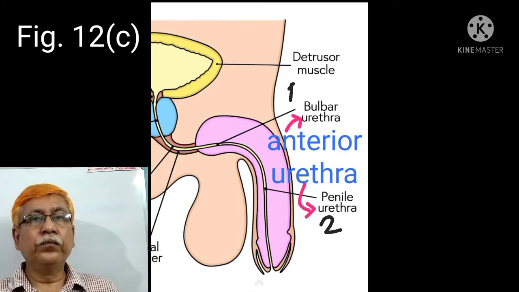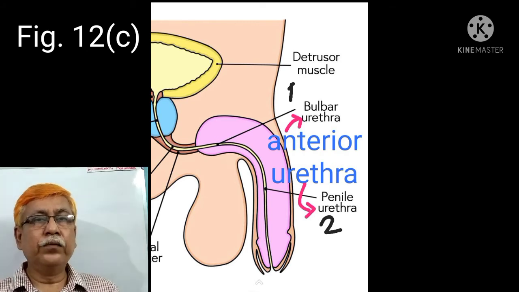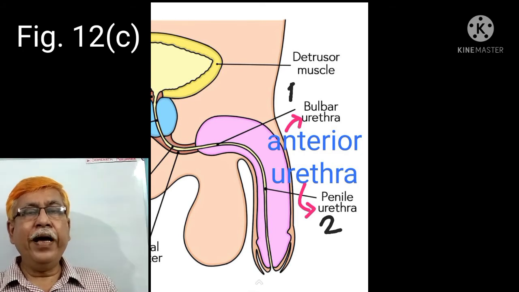Bulbar urethra. The portion of the urethra which is present between the external sphincter and the base of the penis is called the bulbar urethra. Penile urethra.